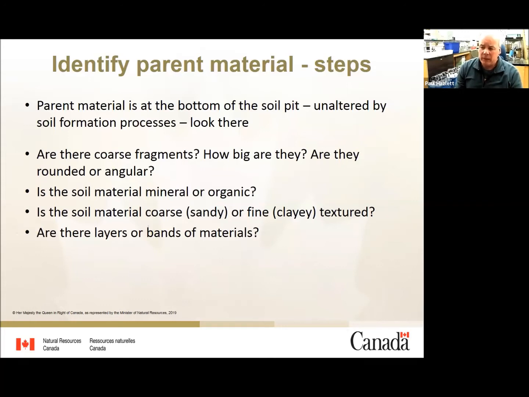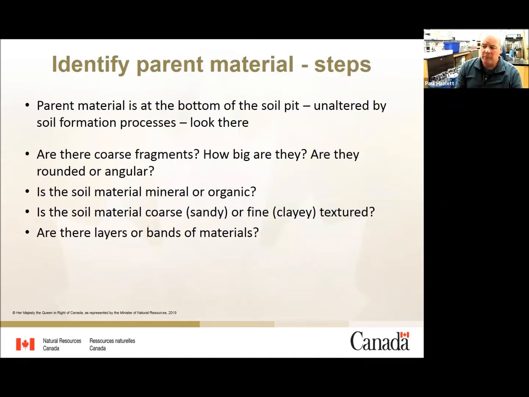So first of all, the parent material is at the bottom of the soil pit. Let's go back and use an example again of some glacial material. When the glacier left a particular site, the soil looked the same from top to bottom. So the parent material that was laid down looks the same from the top to the bottom of the soil pit.